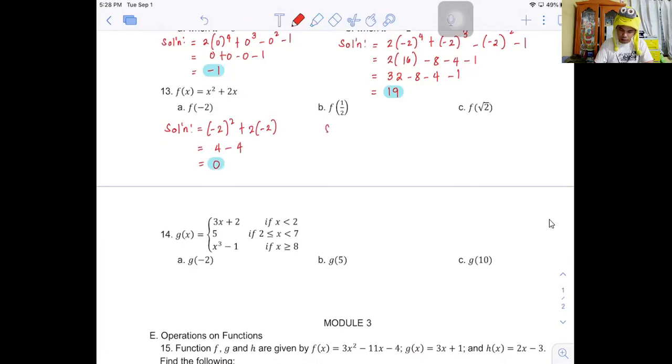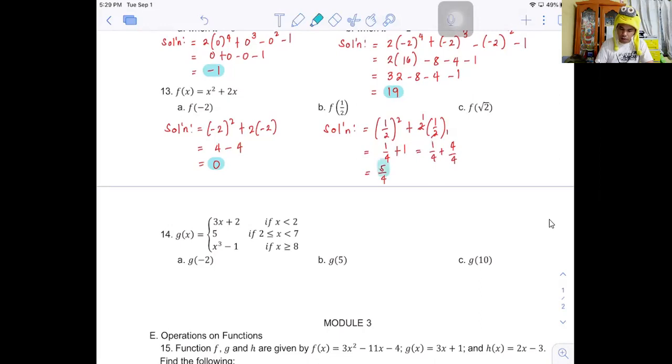And then for letter B, so we have 1/2 squared plus 2 times 1/2. Kani mahimong 1/4, kana mahimong 1. So this is 1/4 plus 1. So mahimo ni siyang 1/4 plus 4 over 4 or 5 over 4.